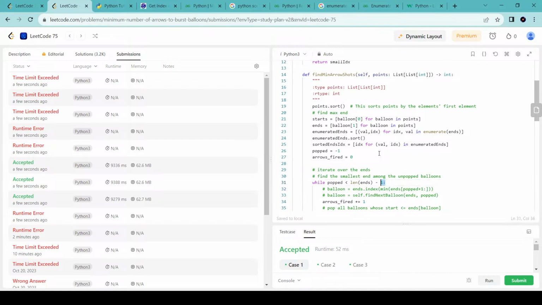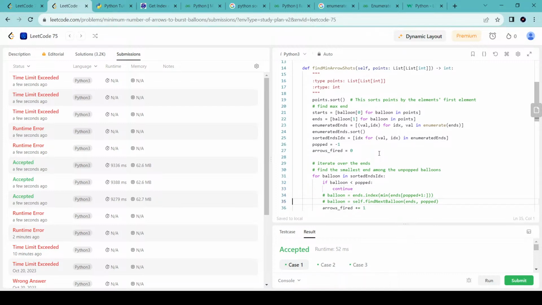I basically iterate over this one over here, and this will be the index of everybody sorted. If balloon is smaller than part, continue. That's it.